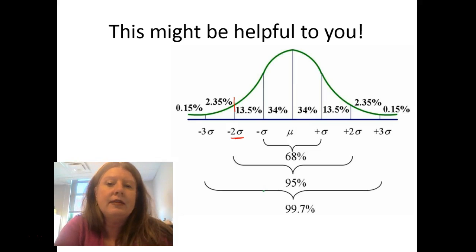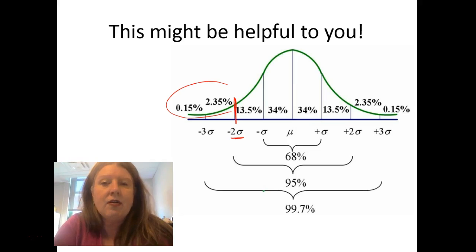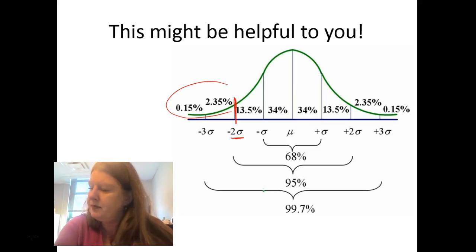Well, if you had this in your mind, or if you were looking at this, you would know, oh, that's 2.35 plus 0.15%. That would be 2.5%. So something like this might be able to help you visualize certain kinds of problems and hopefully answer them.